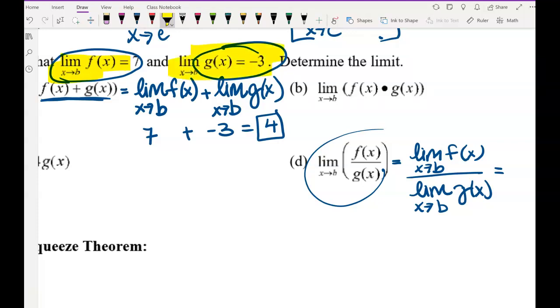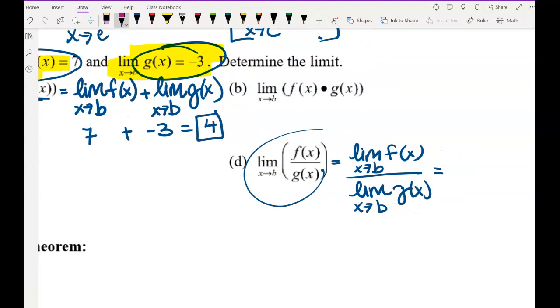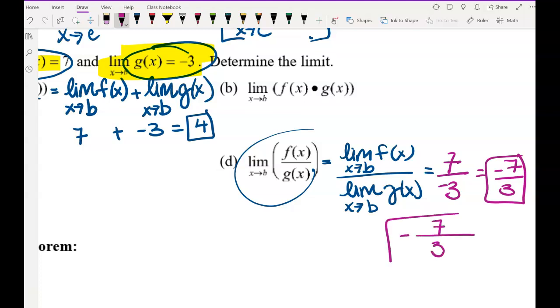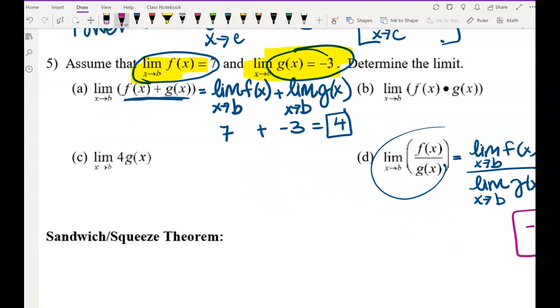The limit as x approaches b of g of x is -3. Let's put them together. So 7 divided by -3. I normally don't like that negative in the bottom, so I tend to move it to the top or with the fraction bar. If you're going to do it with the fraction bar, it should look like this. This or that is fine. All right, go ahead, do B and C.